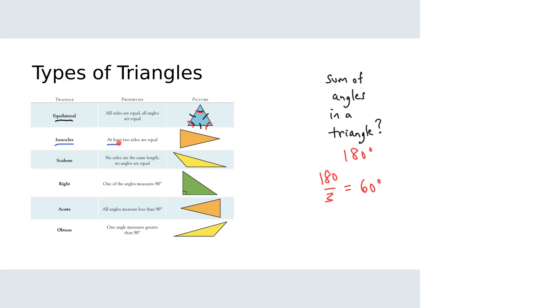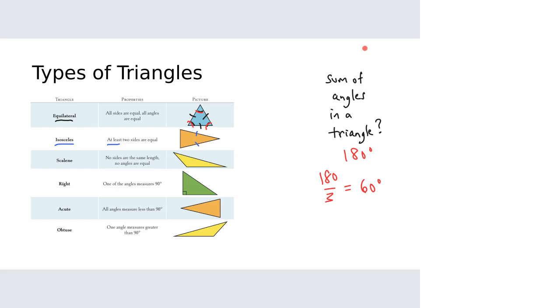Exactly means what it sounds like, exactly one pair, no more, no less. Here, it's at least two sides are equal. Now, in the triangle we have drawn here, we can see that those are the sides that are equal to each other. And so at least two sides are equal in an isosceles triangle.